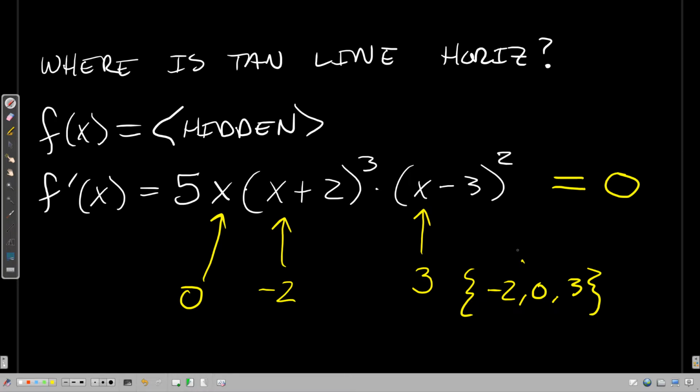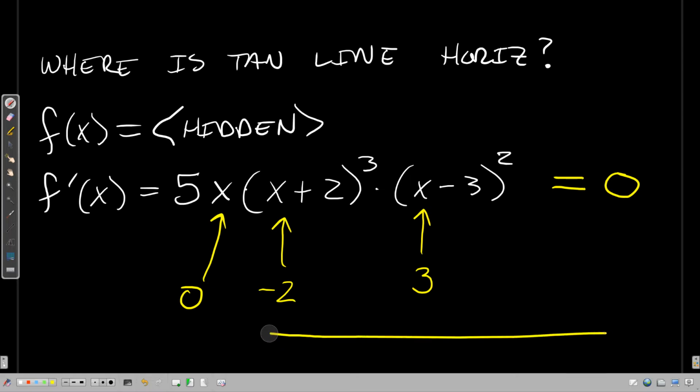And before long, you will be making your number line drawing. And here's your minus 2, and here's your 0, and here's your 3. And that was each of the spots where the function was 0. And you'd be trying to figure out what's the sign of the function in any of these intervals, right? It would be negative in this interval, and it would be, no, I'm sorry, it wouldn't be.